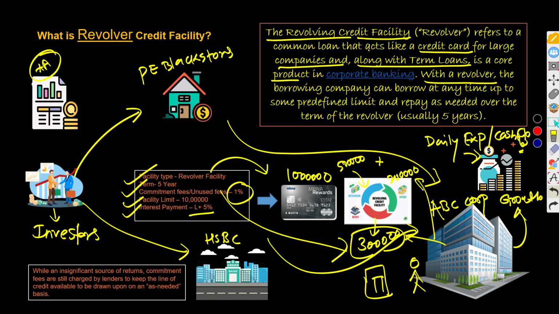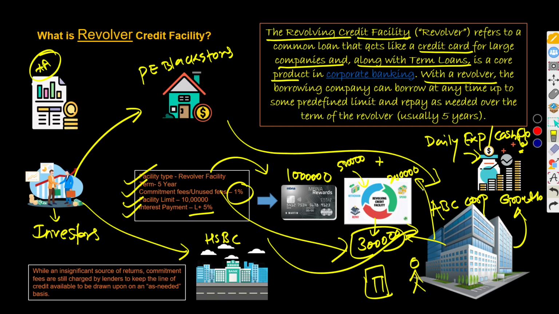So this is how your credit card works. And that's what I rightly said, a revolver credit facility means it's a corporate credit card. If you have a requirement of funds, then you can swipe this, or you can initiate a capital call, or ring the bank or private equity funds.